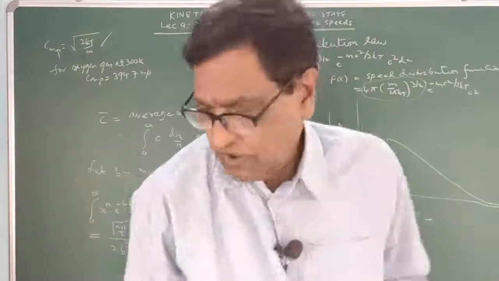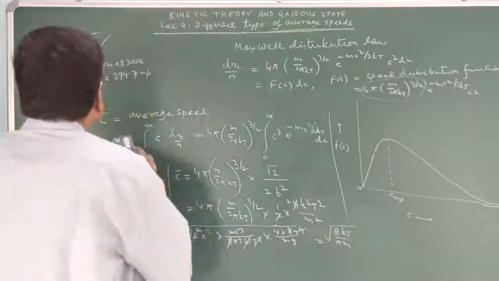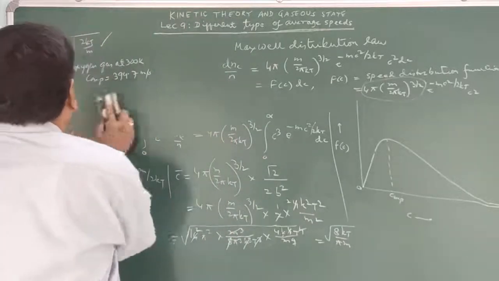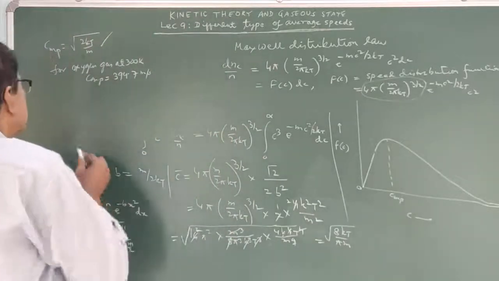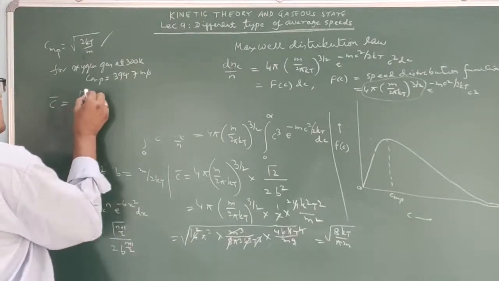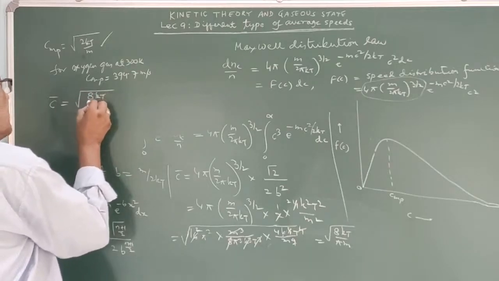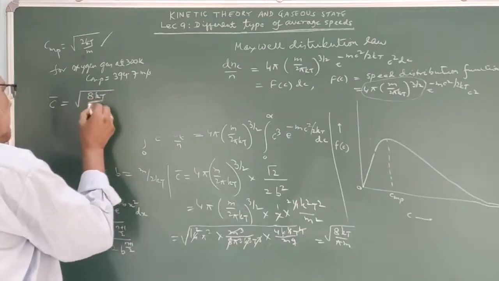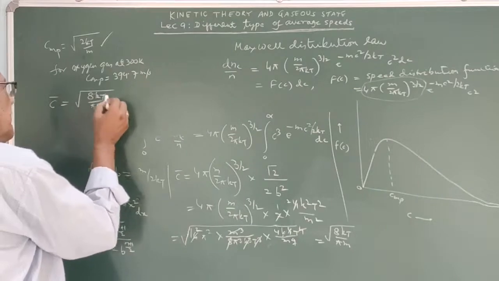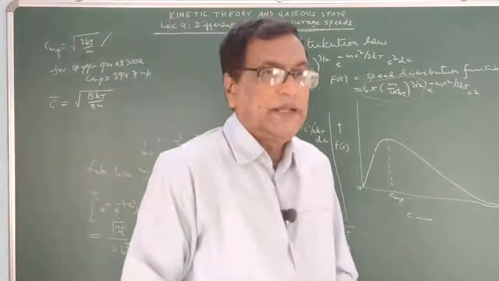So we have got this expression of average speed. This average speed c bar is equal to root over of 8kT by pi m, or you can write 8RT by pi capital M.